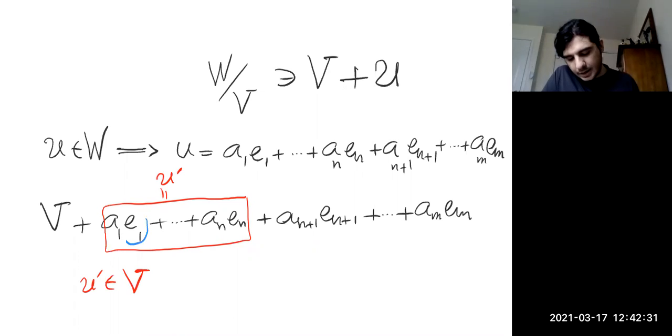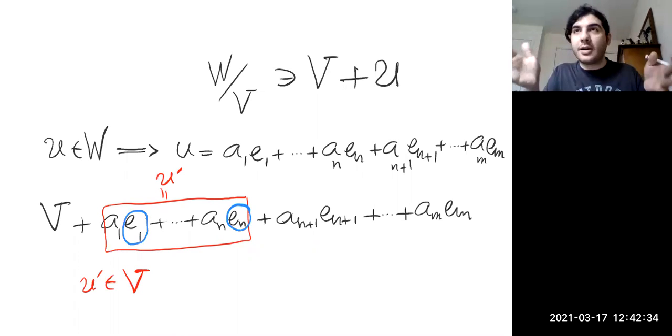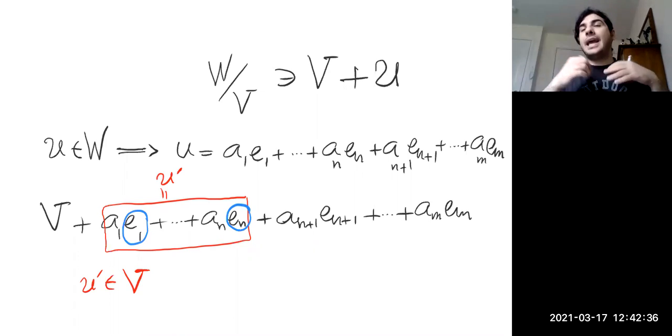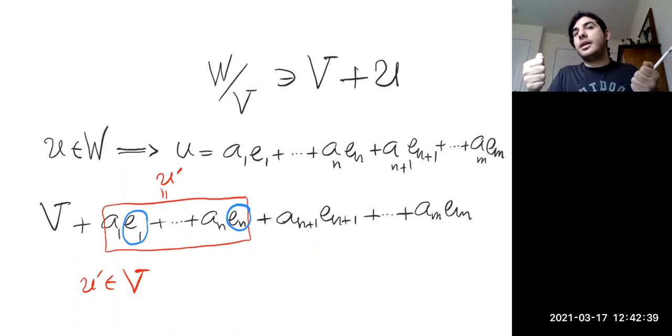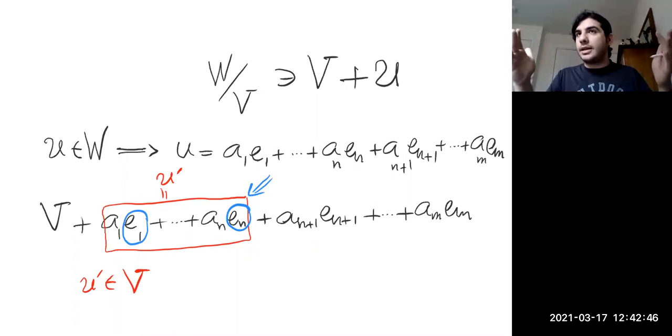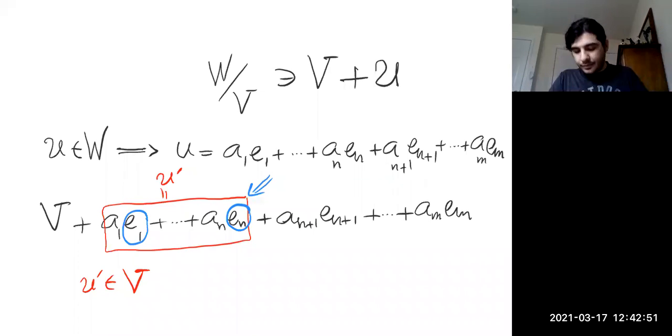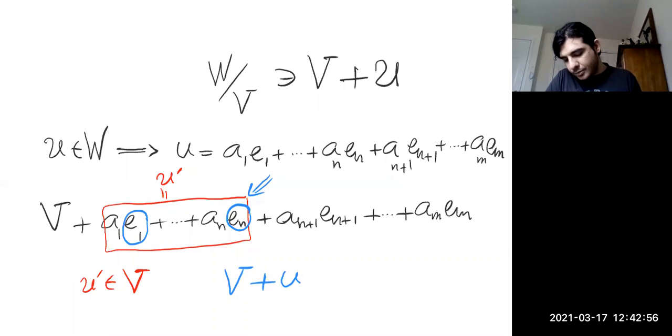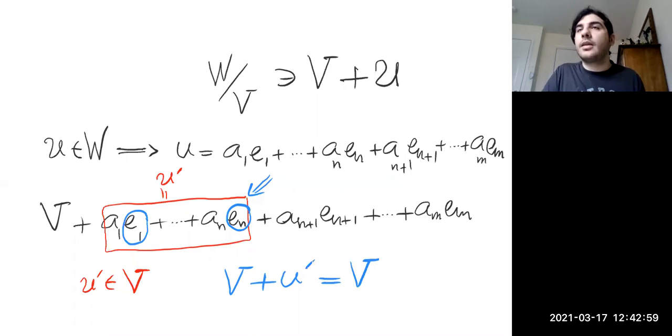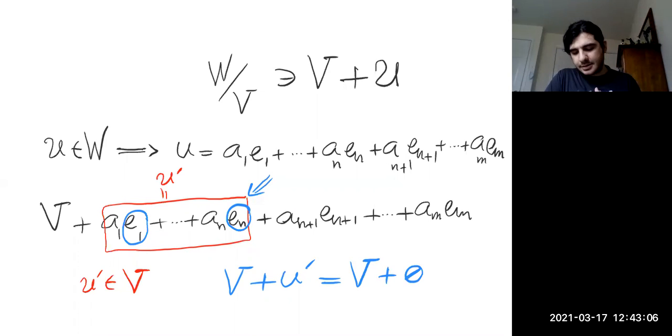Because of the way we constructed our basis, E1 up to En is a basis for V. Therefore, if I only look at this part from E1 up to En, that part, which I call U prime, is an element of the vector space V. And I argue that V plus U prime is equal to V. Why is that true? Well, on the right-hand side, V is the same as V plus 0. That makes it more clear.